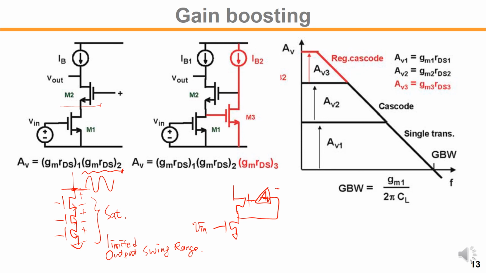If AV is minus gm ro, then the output impedance would be boosted by the gain of this stage. So typical AV was gm ro, and that one was additional, gm ro times the additional gm ro. So we have a gm ro cubed gain that can be achieved like this, right?